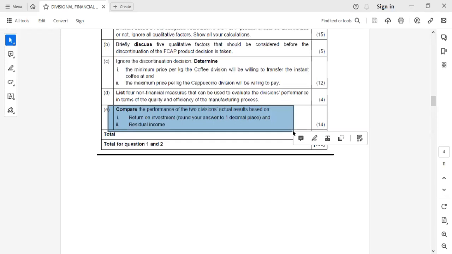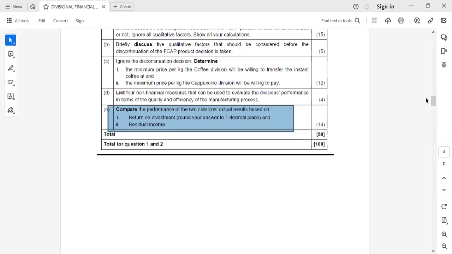So we want to compare the performance of the two divisions based on the actual information, and we have to calculate, number one, the return on investment. When they say return on investment, we need to calculate the controllable profit and the controllable investment. Remember that it's controllable profit over controllable investment times 100.